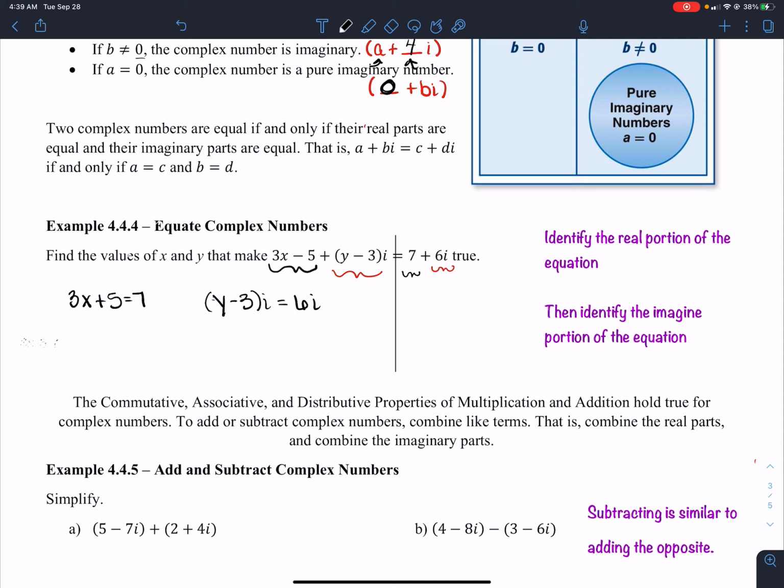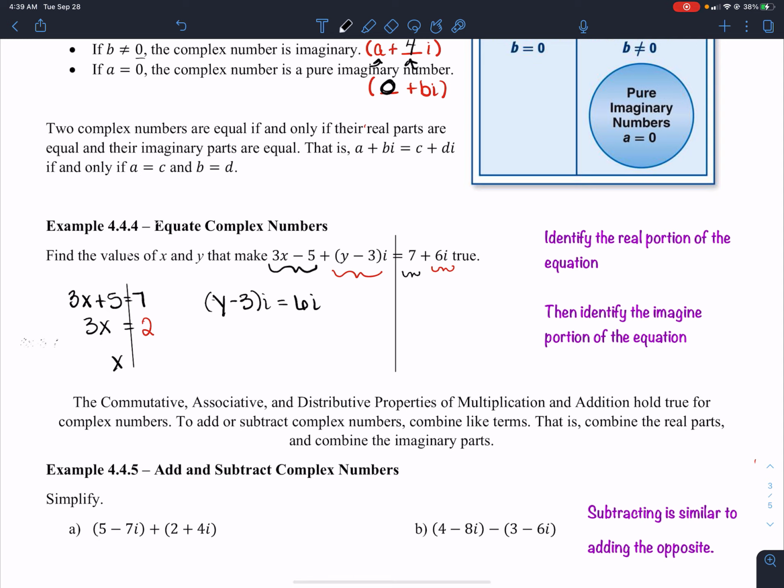All right, let's solve for x first. So we have 3x equals 12. Nope. 3x equals 2. Divide both sides by 3.